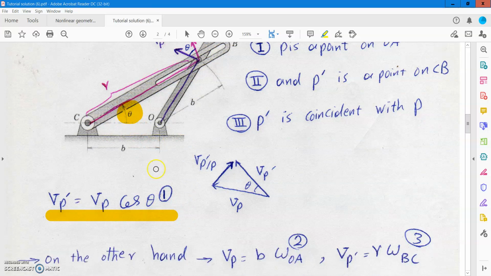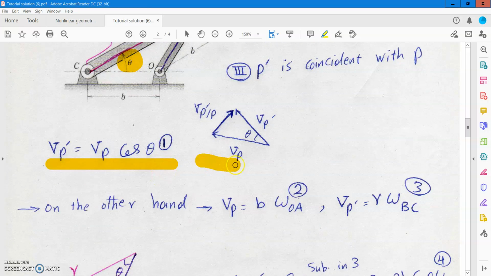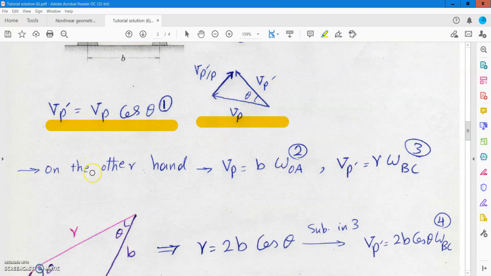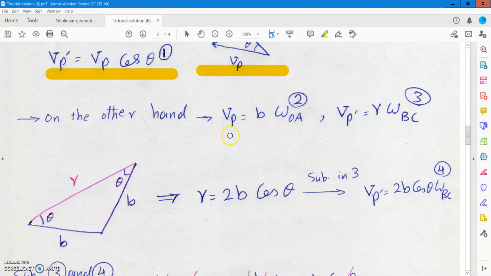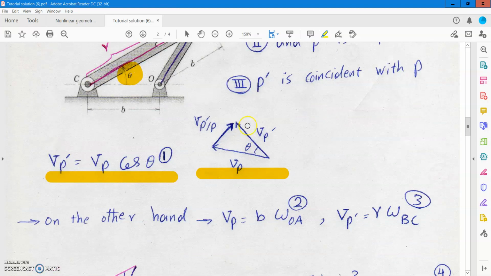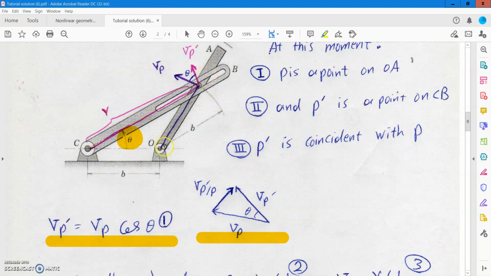Or you can use the geometry of the vectors and find the relation between VP and VP prime. On the other hand, we know that VP is B times omega OA, because P is an imaginary point on link OA and P prime is an imaginary point on link BC.